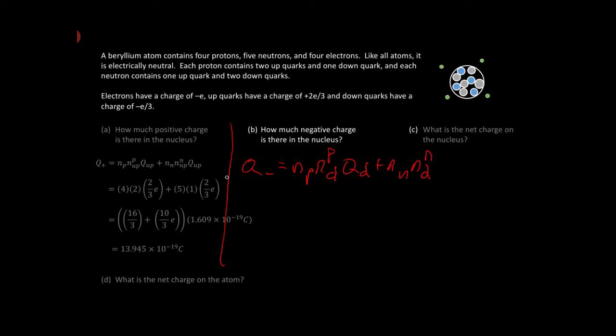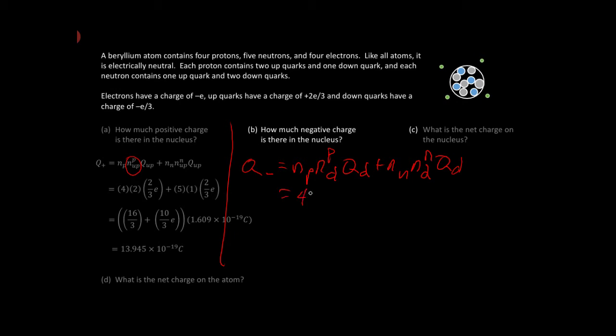Over here it was 2 up quarks per proton, now it's going to be 1 down quark per proton and 2 down quarks per neutron. Oh, I shouldn't talk, but that's my job.